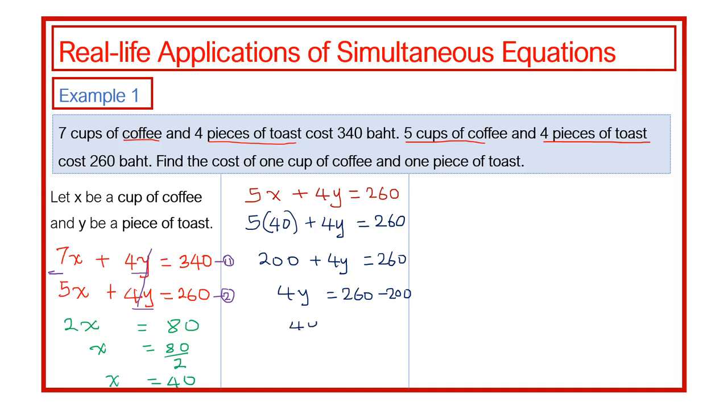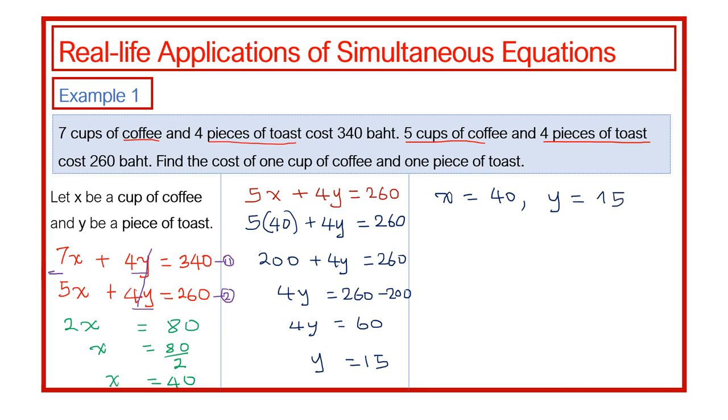So 4y is equal to 60. And y equals 60 divided by 4, which is 15. So this means that x equals 40, y equals 15.